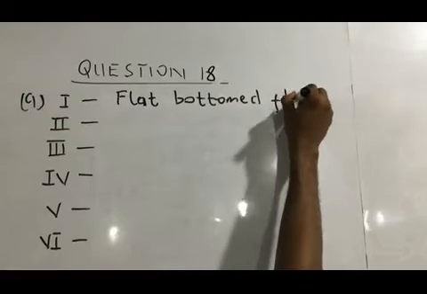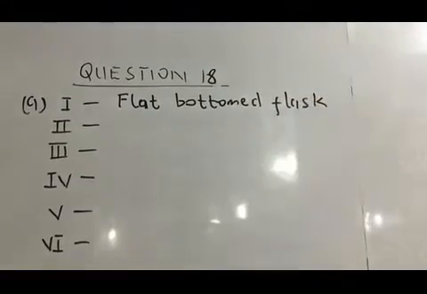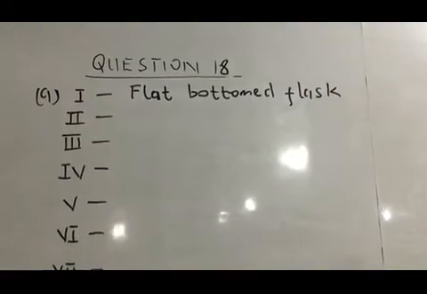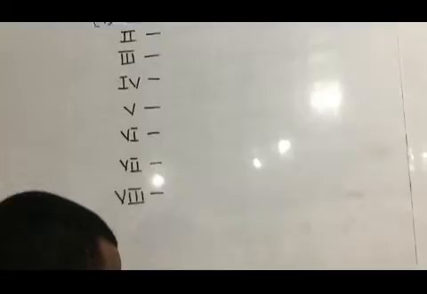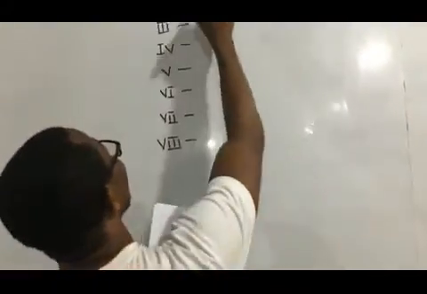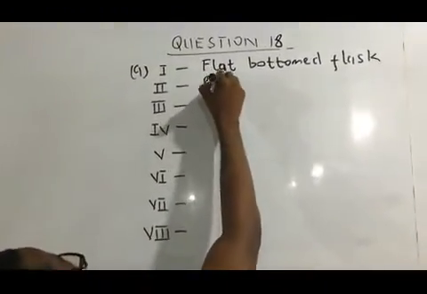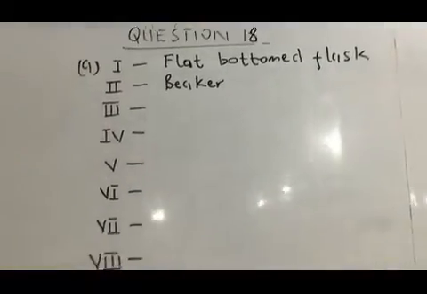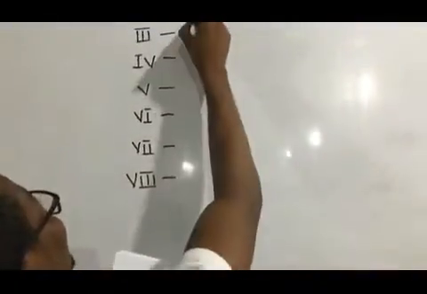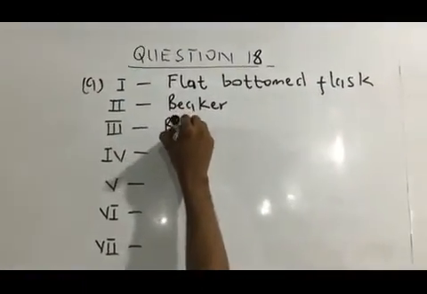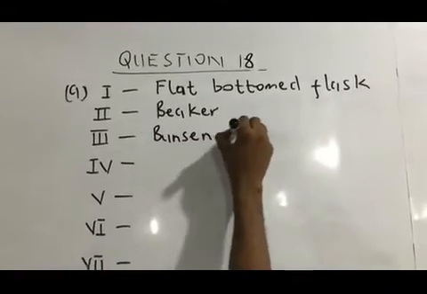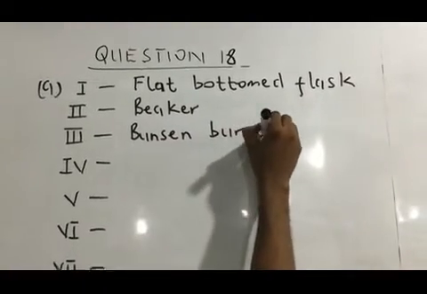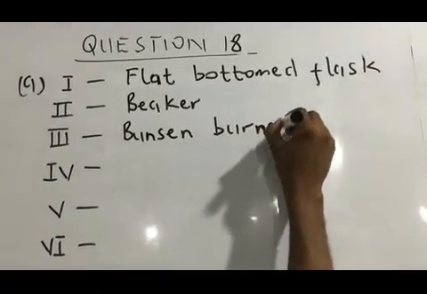And then the II is a beaker. The III is a Bunsen burner, because it's a source of heat.